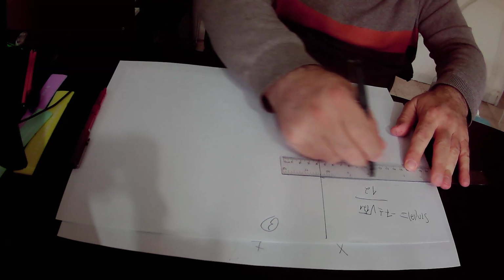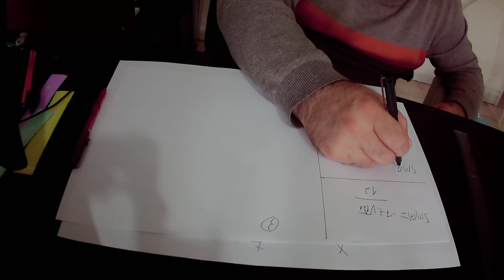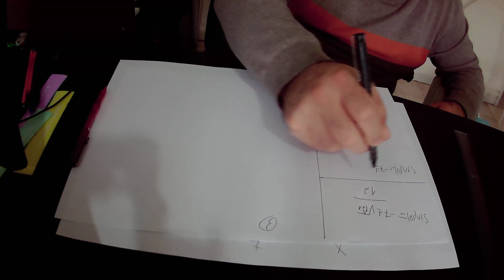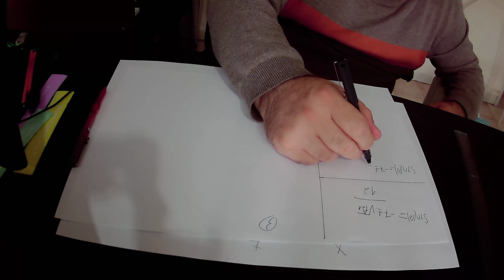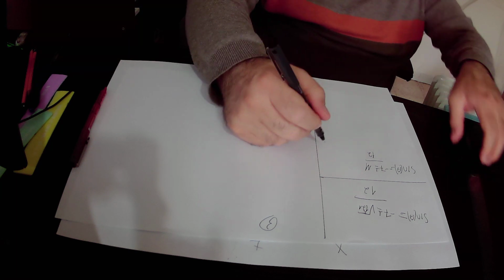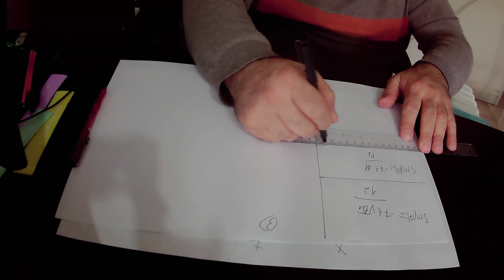We'll get that sine theta equals minus 7 plus minus, again, square root of 121 is 11, over 12. So here we will have two possible solutions for sine theta.